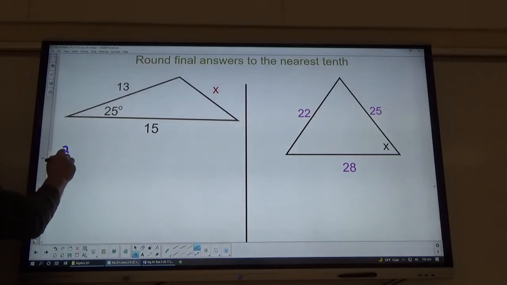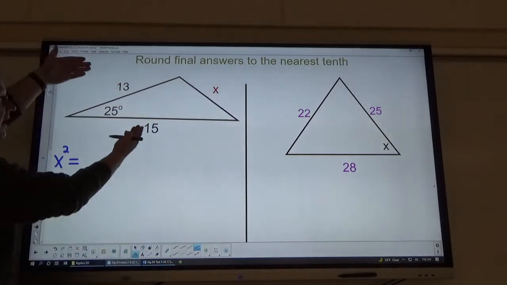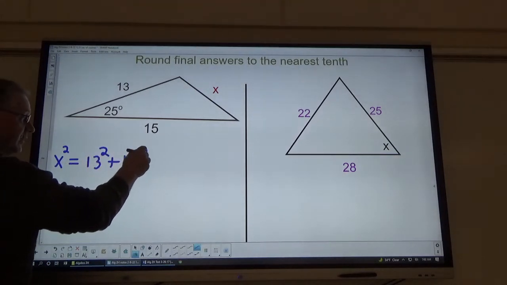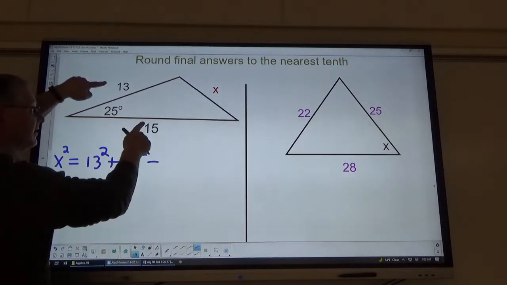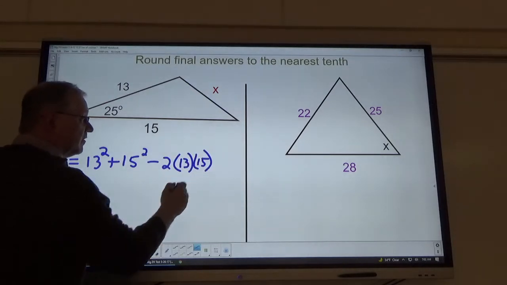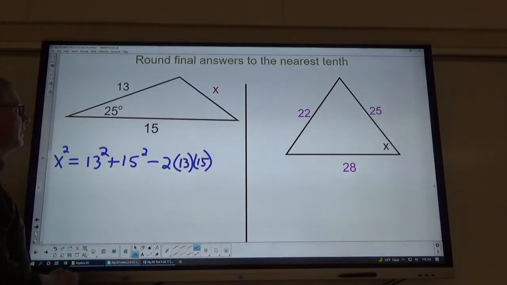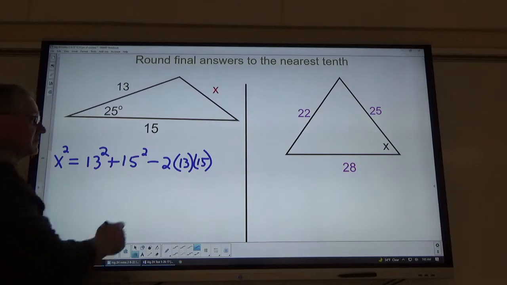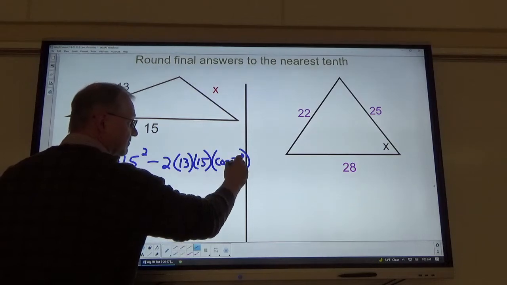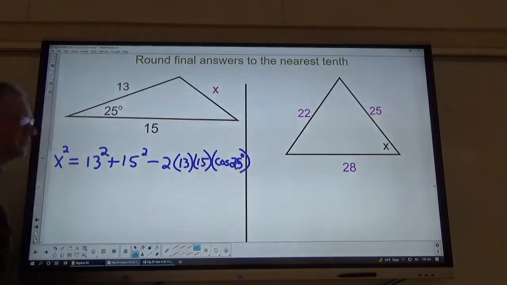I've got x squared equals, so that's the side across from the angle, the other 2 sides squared and added together, so 13 squared plus 15 squared, minus the other 2 sides times 2, times cosine of the angle, of this angle, sorry, I was pointing the wrong place, cosine of 25 degrees. That's a 5 there. There we go. Cosine 25 degrees.